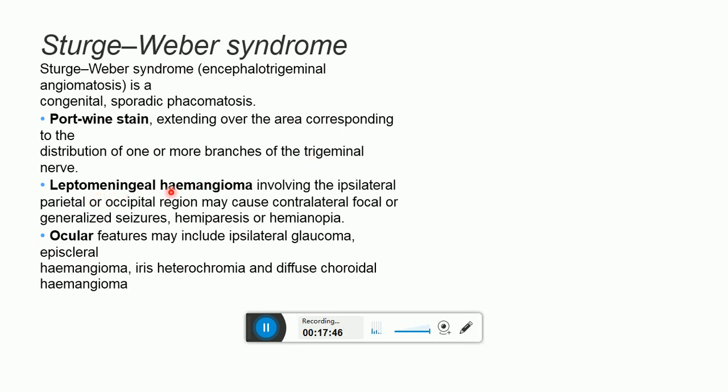There is leptomeningeal hemangioma, ipsilateral parietal or occipital region involvement, contralateral seizures, hemiparesis, hemianopia. Ocular features include glaucoma, so the important thing is glaucoma, hemangioma and iris heterochromia, and diffuse choroidal hemangioma.